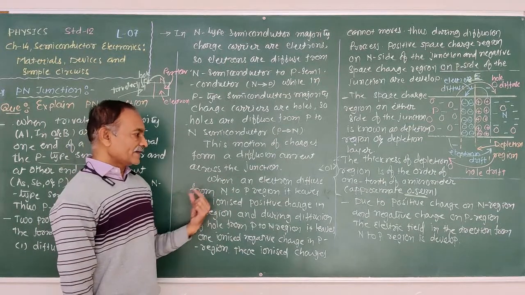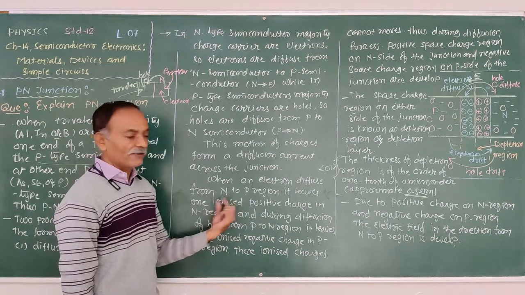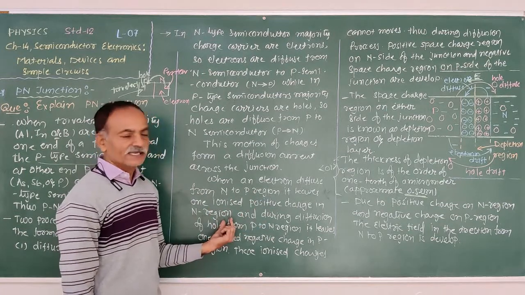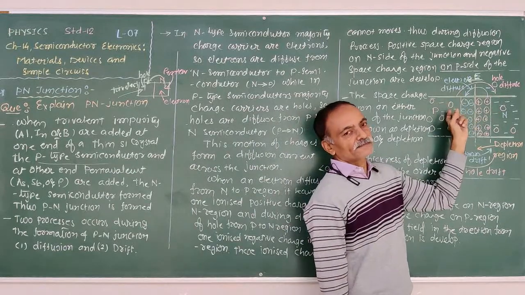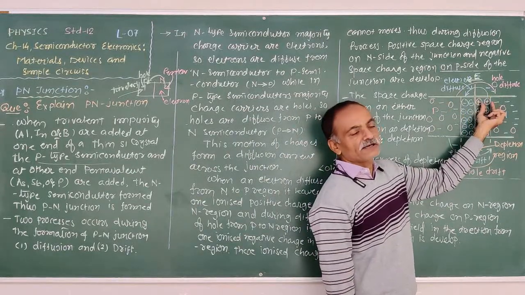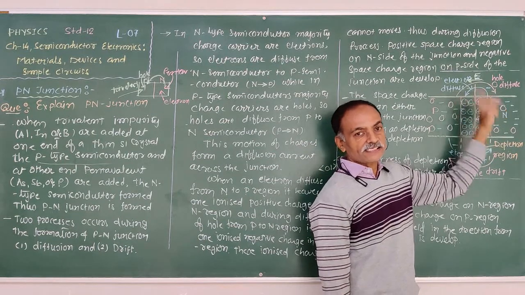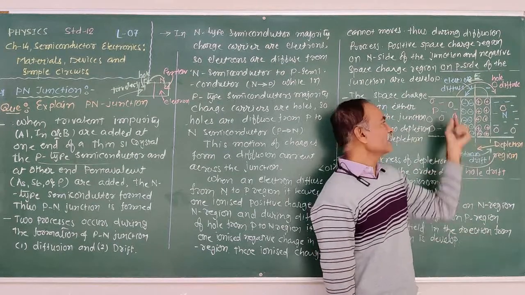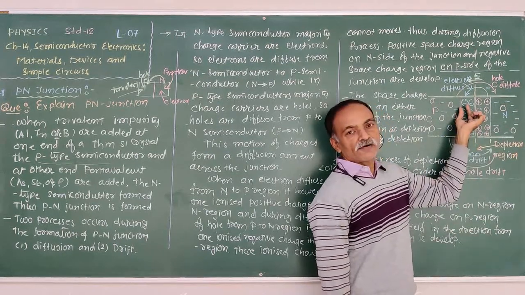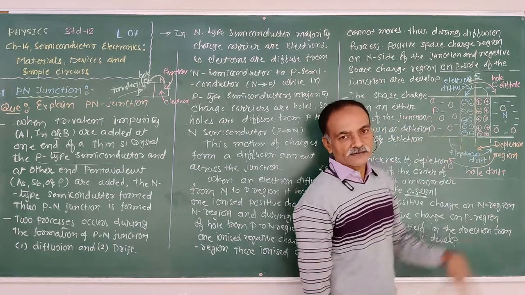When an electron diffuses from N to P region, it leaves one ionized positive charge in the N region. The same way, when a hole diffuses from P to N, it leaves one ionized negative charge in the P region.